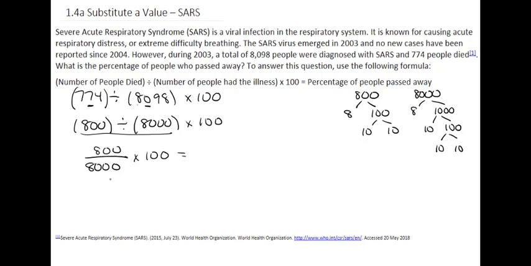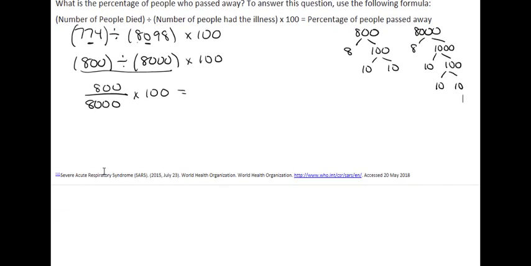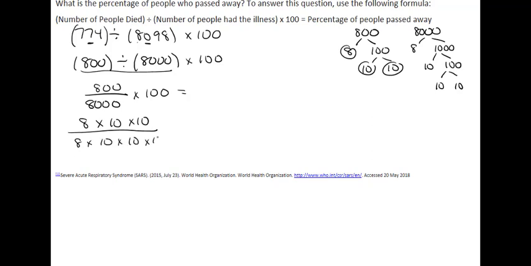So when we divide, we have 800, which is now these 3 factors, and then we have 8,000, which is 8 times 10 times 10 times 10. And then we're going to multiply by 100, which could be broken down into 10 times 10.